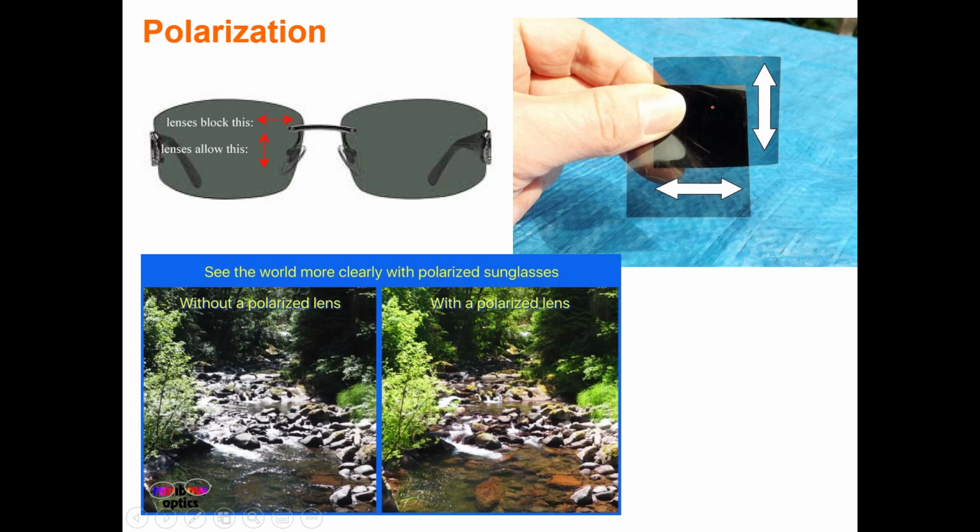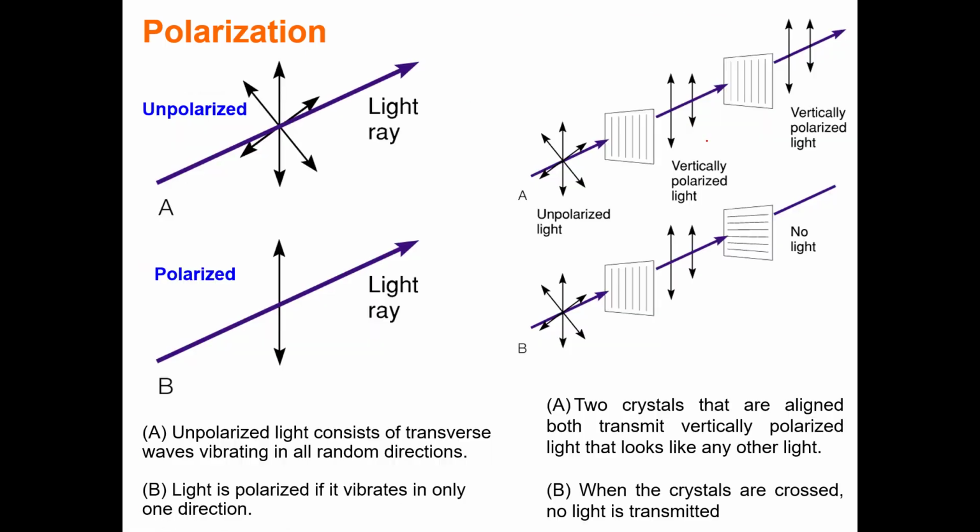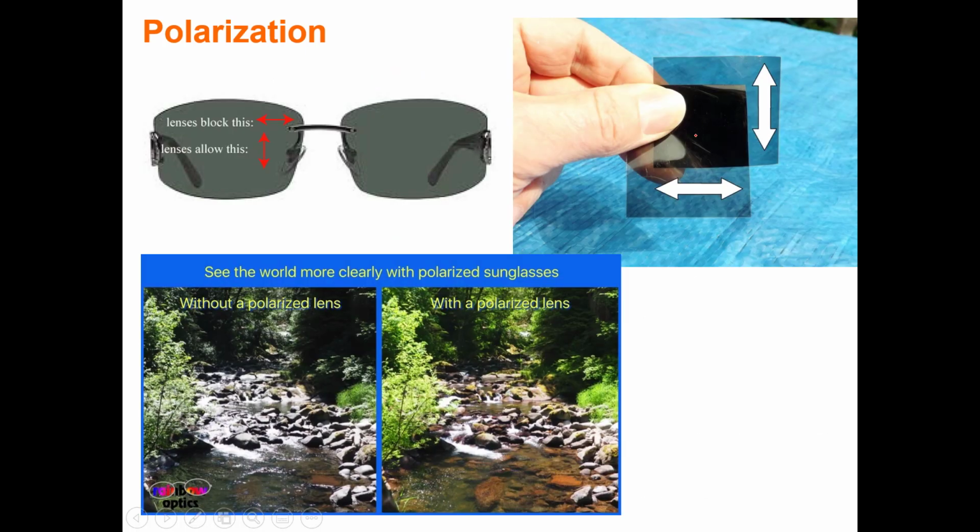But what happens when we cross the polarizers is we cannot see anything through there. This is why, because the light cannot pass through this one. This is what is happening in this case, and this is why we cannot see light on the other side.